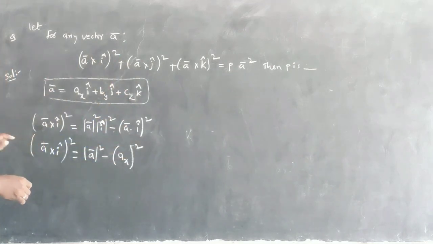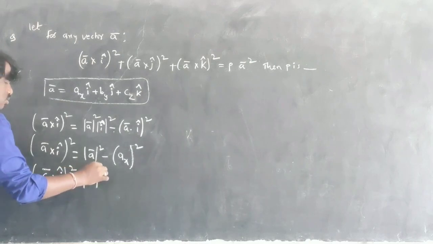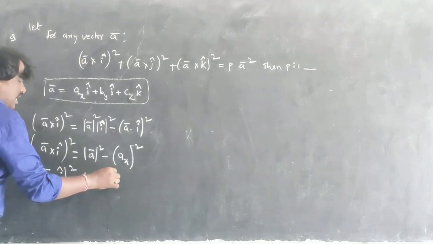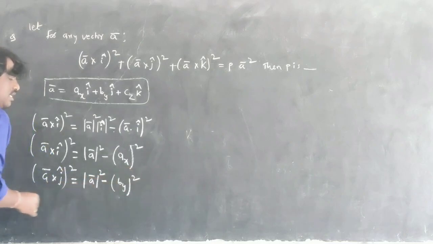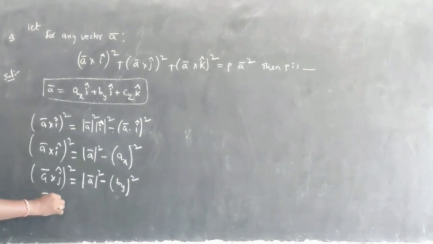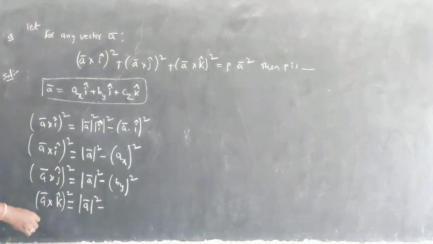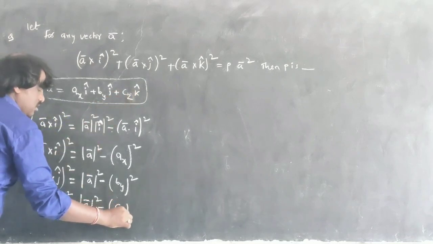Similarly, a vector cross j whole square, with unit vector square, is equal to mod a square minus, j dot j is 1, so I will get by square. Then if I do it for a cross k cap square, I get mod a square minus cz square.